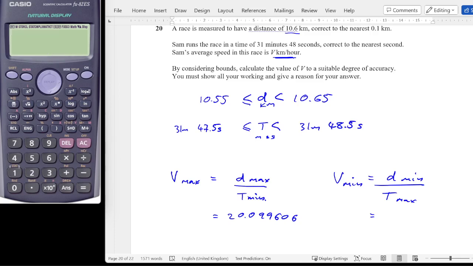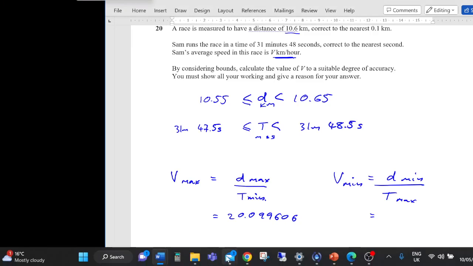I'm not quite sure if it's my calculator playing up, I can't quite work out why it's not getting that answer. Actually, I'm going to just restart my calculator. I'm sure it's me.